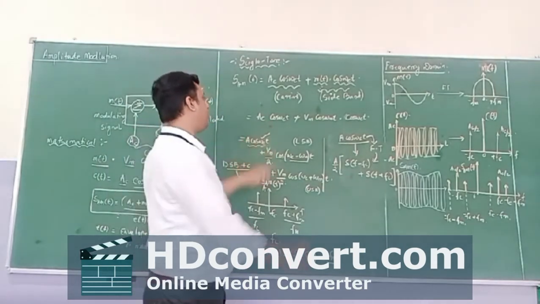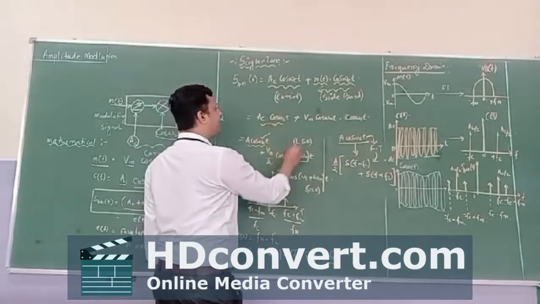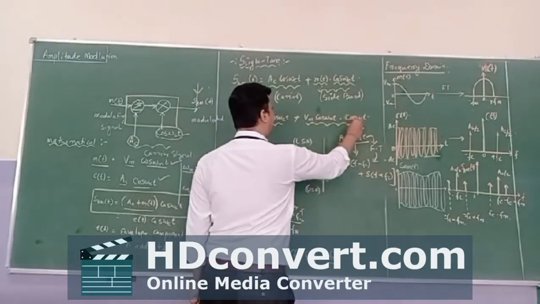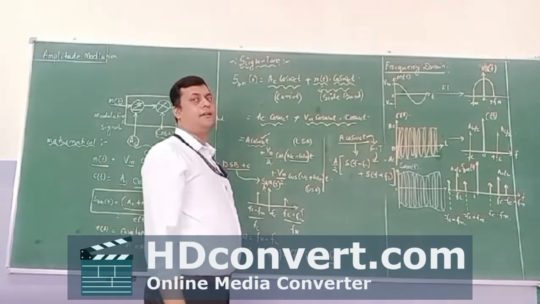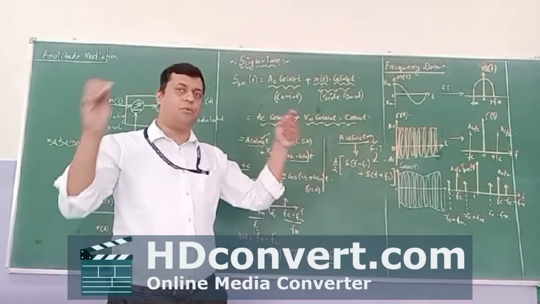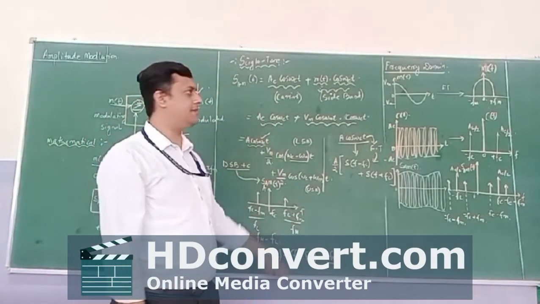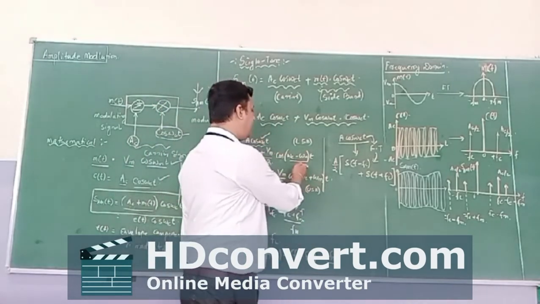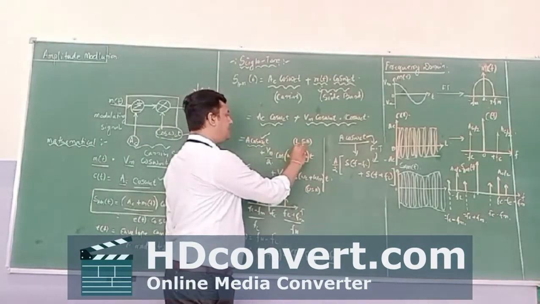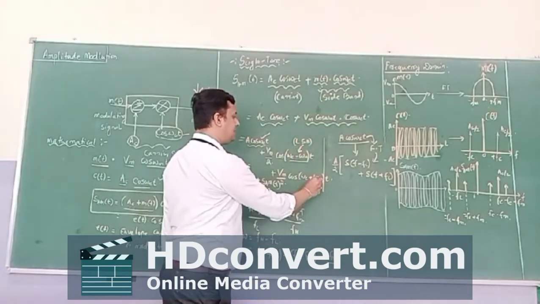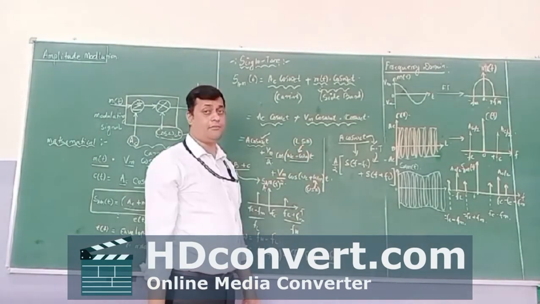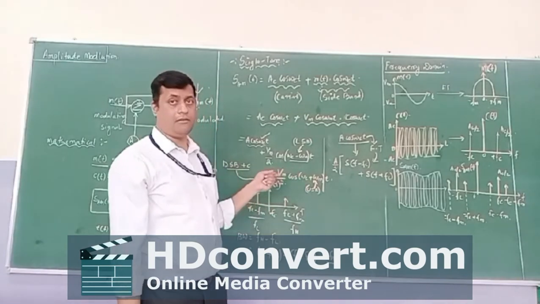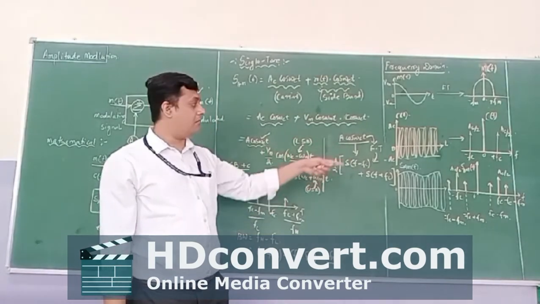It indicates the presence of the carrier and the two segments in which the modulating signal is imposed on the carrier component. So these are the two sidebands we get: this is your lower sideband and this is your upper sideband. In terms of angular frequency, you can represent it in frequency components like this.